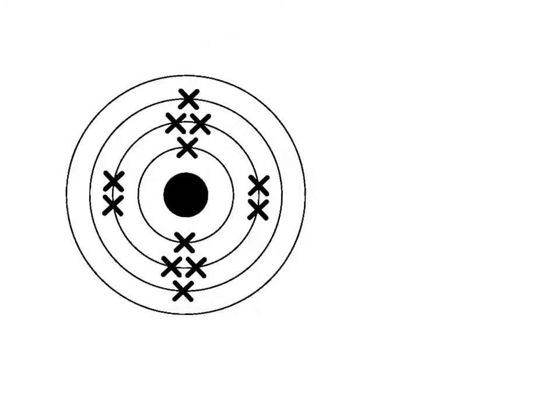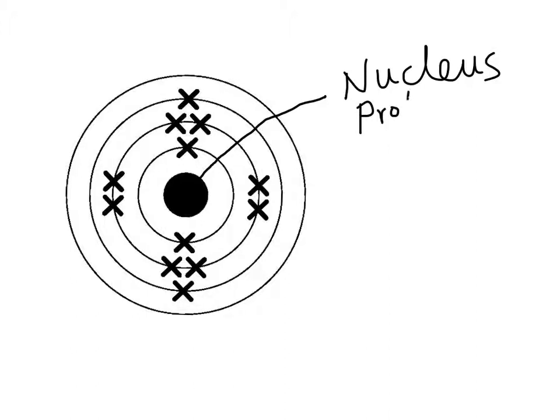What you see here is a simple version of atomic structure. In the middle of the atom, the dark circle, that's what we call the nucleus. And this is where you find the protons and the neutrons.